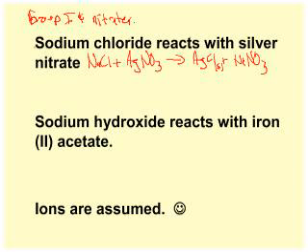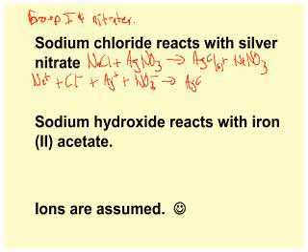But really, if you were in my class, you wouldn't even go that far, because the first thing you know is that aqueous means ions. Na positive plus Cl negative plus Ag positive plus NO3 negative yields AgCl, which is a solid, so I would not write that as ions, plus Na positive plus NO3 negative.